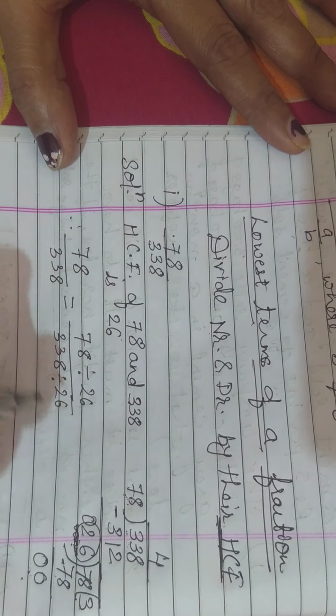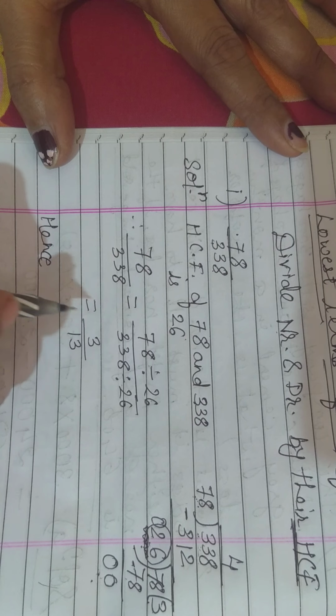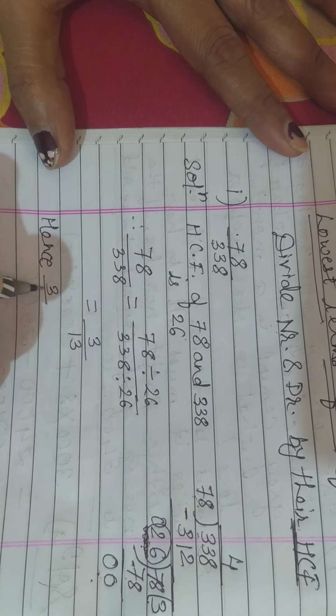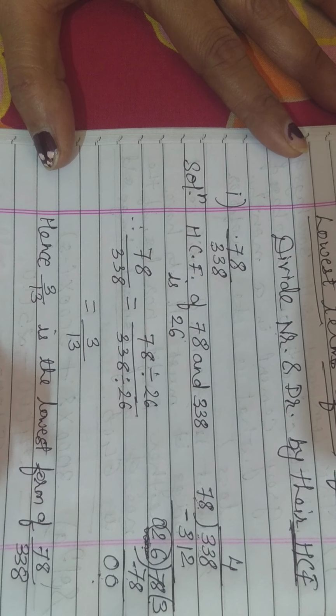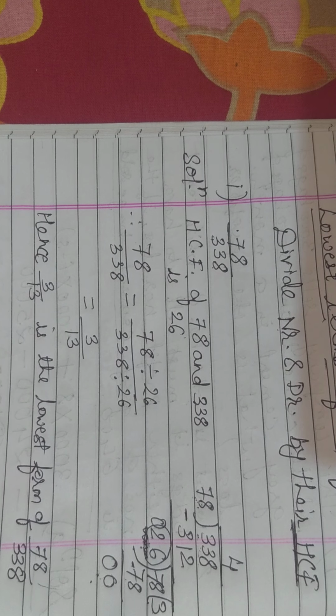So what will be your answer? You will write, hence, 3 by 13 is the lowest form of 78 by 338. Understood?